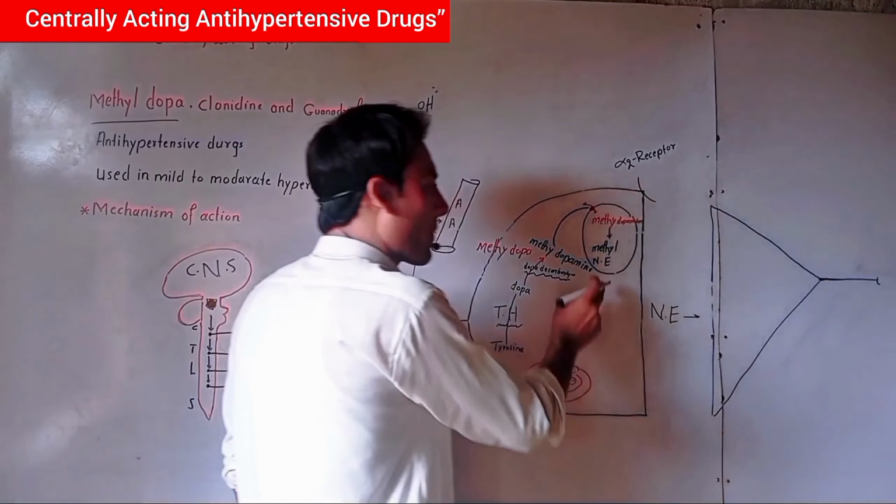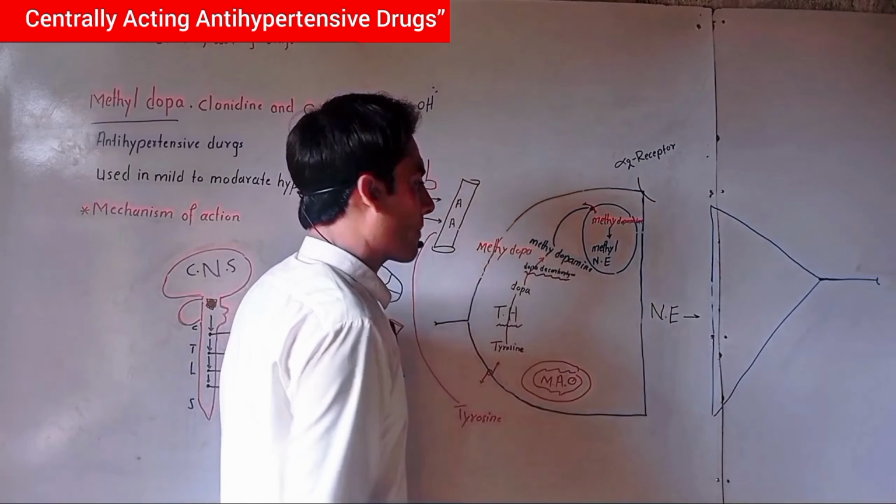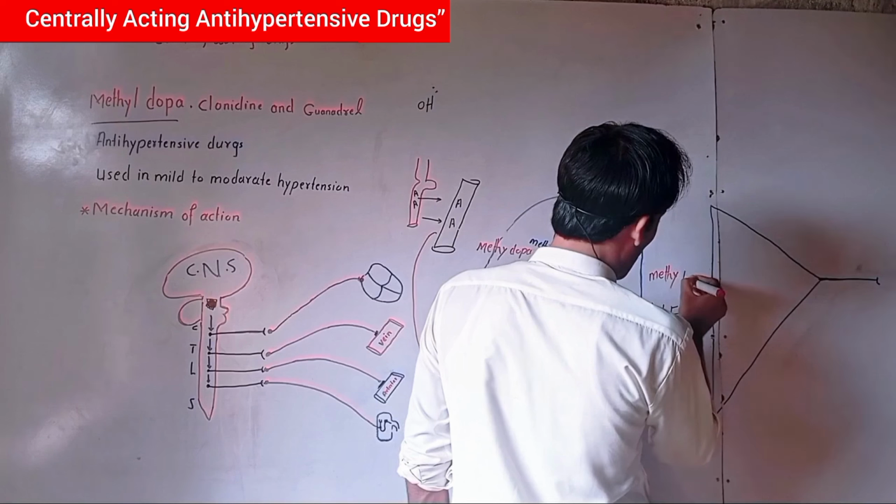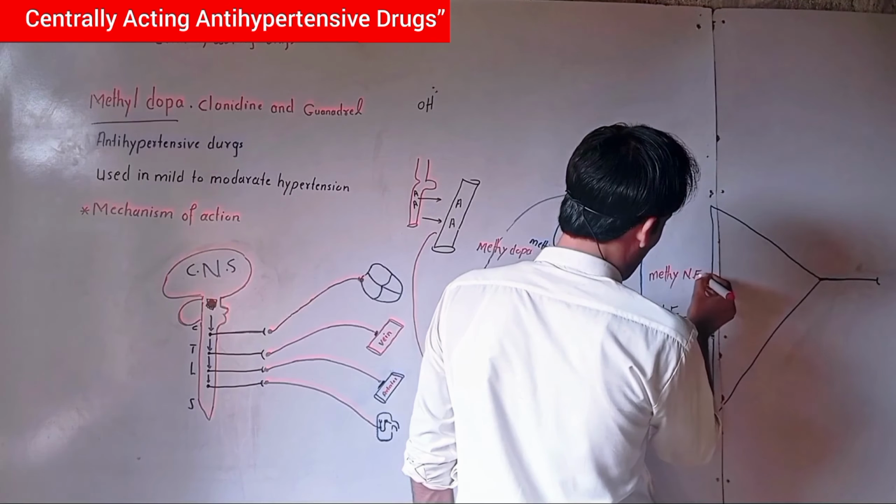So now methyl norepinephrine is synthesized within the nerve ending. When an action potential comes, instead of norepinephrine, this neuron releases methyl norepinephrine.